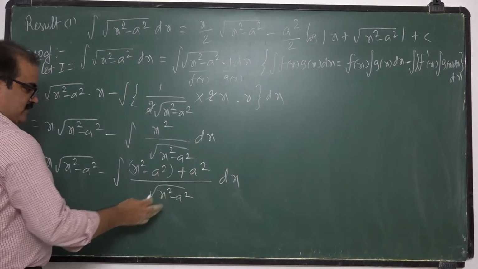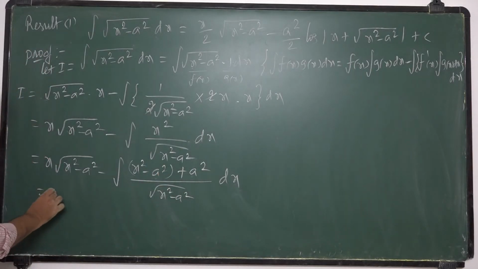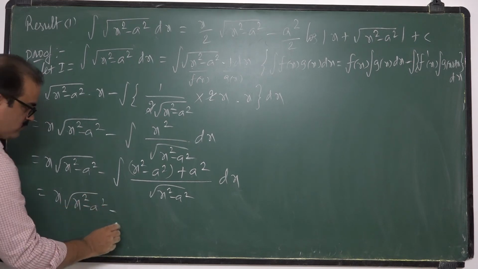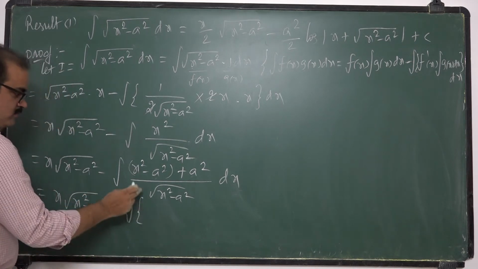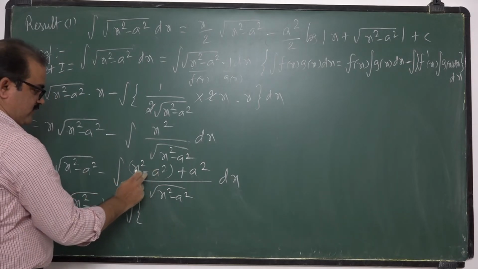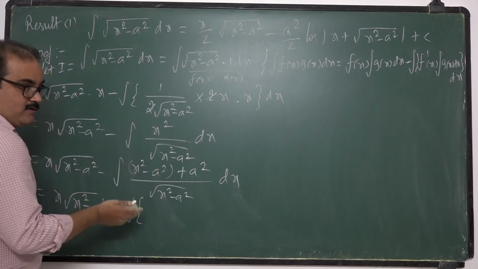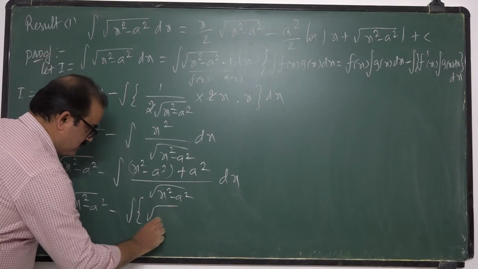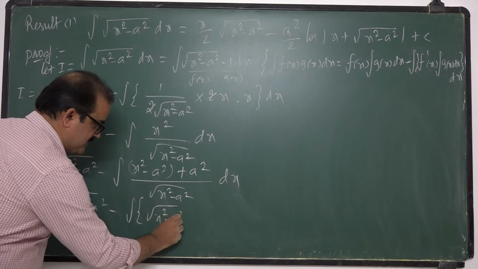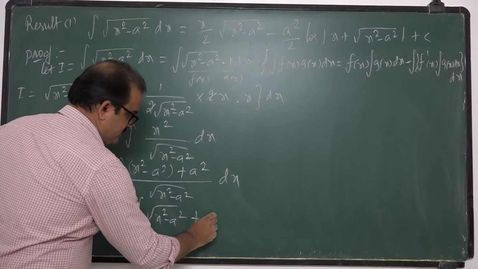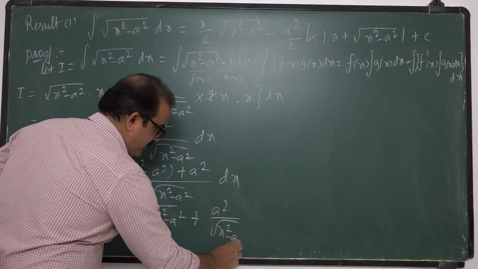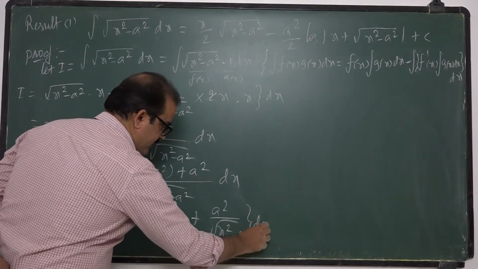Now divide it separately: x square minus a square by root of x square minus a square is root of x square minus a square, plus a square by root of x square minus a square, into dx.